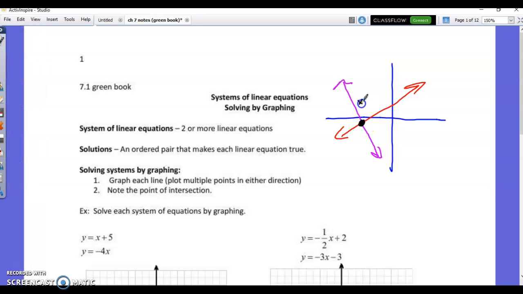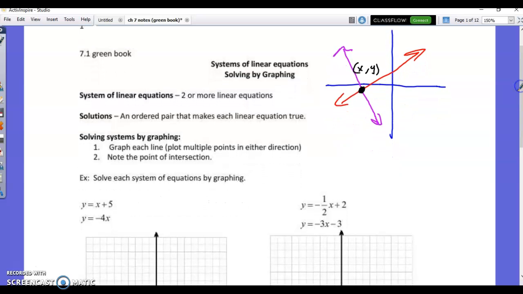So this has an x and a y value that satisfies both of those equations for the line. So we are going to be exploring that in this section, how to find that one x and that one y value that is a solution to both of the equations for this line.